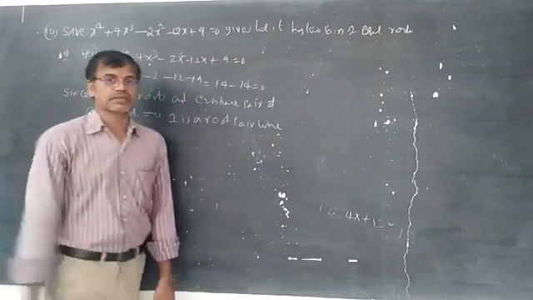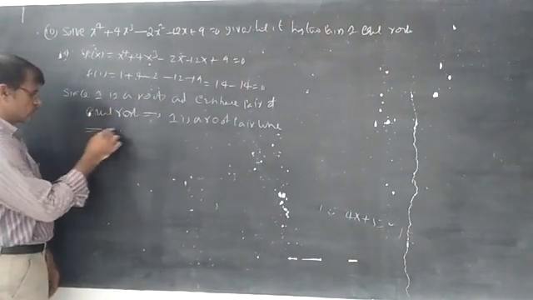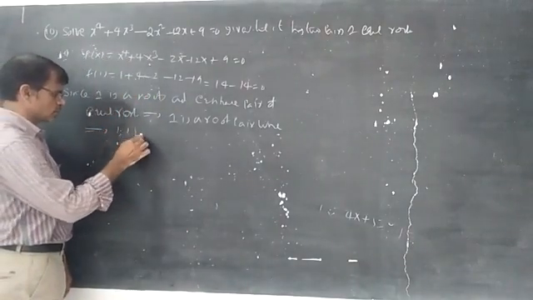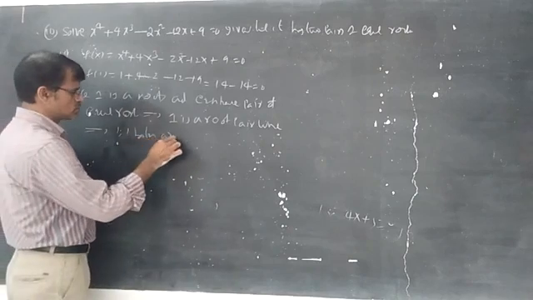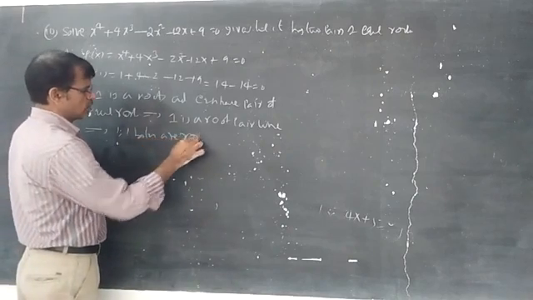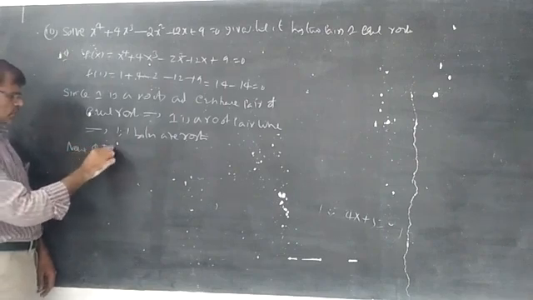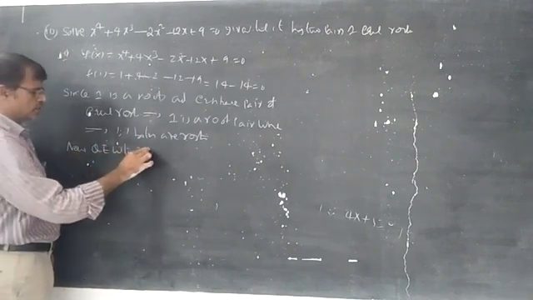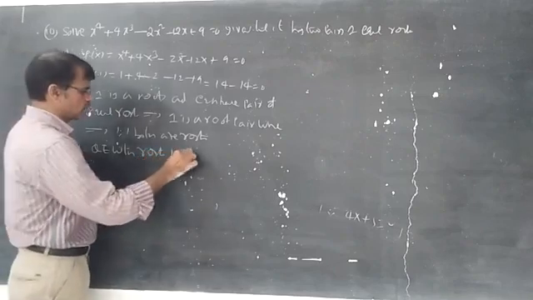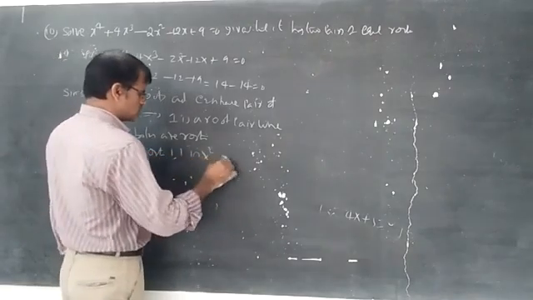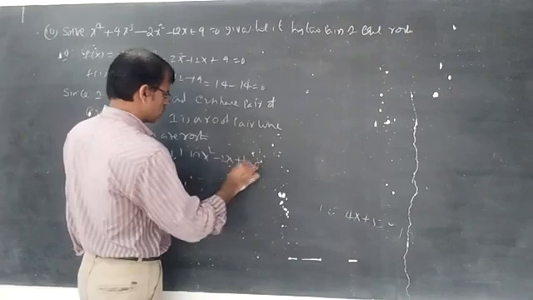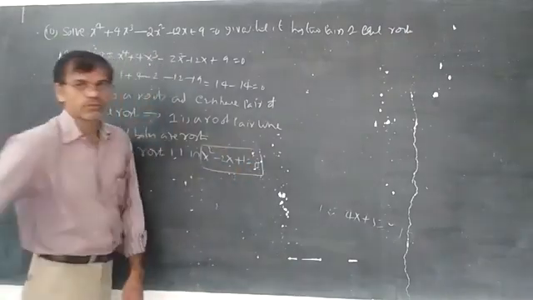That implies 1, 1 both are roots. Here you can understand roots are equal. 1, 1 both are roots. Now the quadratic equation with the roots 1, 1 is x square minus 2x plus 1 equal to 0.